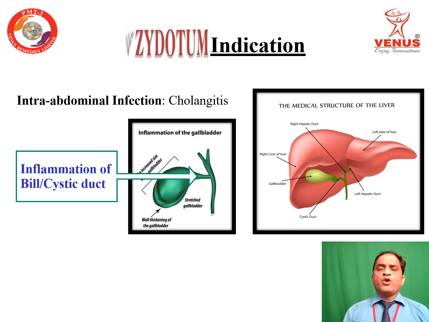What is the role of the bile duct? The bile which is stored inside the gallbladder passes through this duct, and when inflammation occurs inside this bile duct for any reason, this situation is called cholangitis.